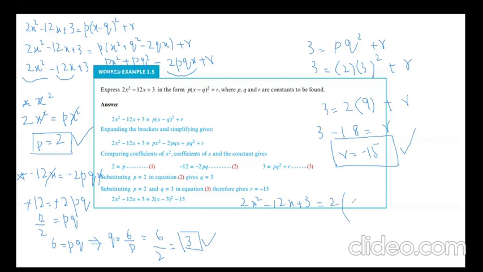Q is 3. (x minus 3) whole square plus r. R is minus 15. So this is the general form of the equation. So in this formula, we have to substitute the values of p, q, r in the general form that is given.